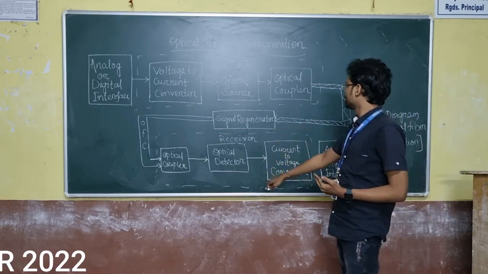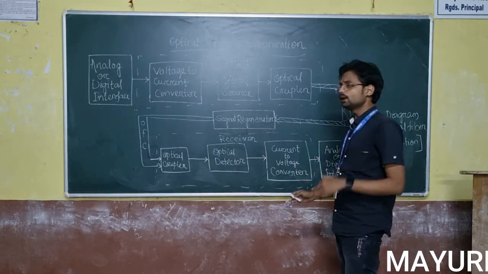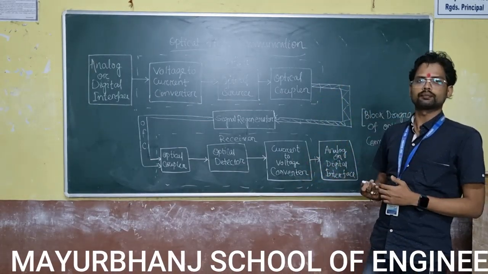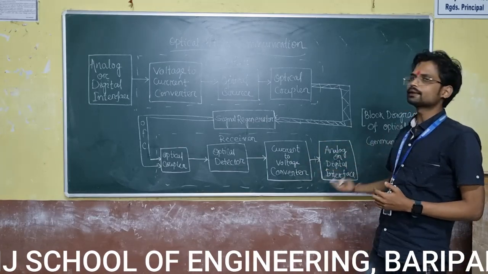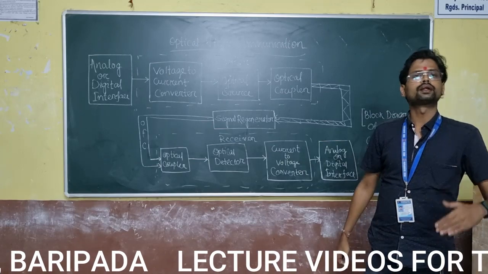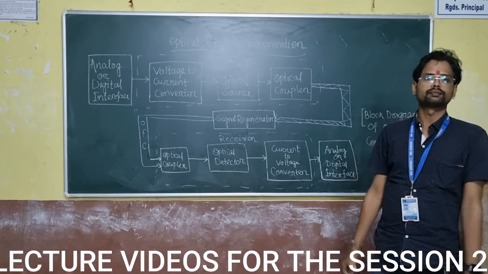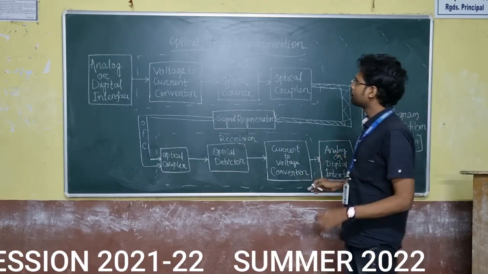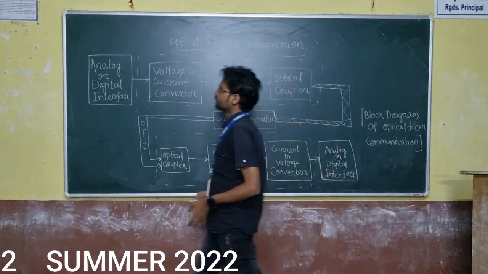The current is given to the current to voltage converter, where it is converted again to voltage form. And lastly, we get the desired signal, whether in analog form or digital form. Clear? So this is all about optical fiber communication.